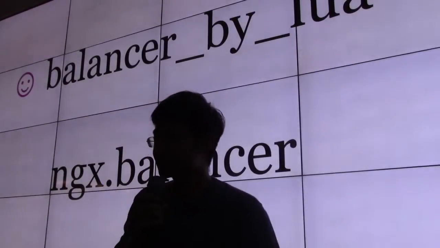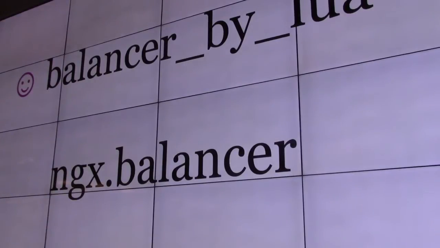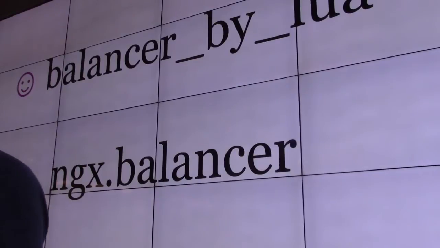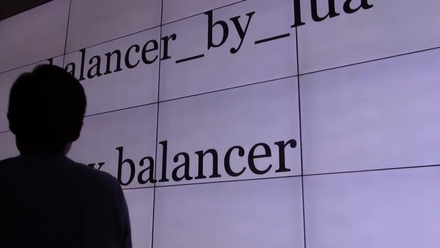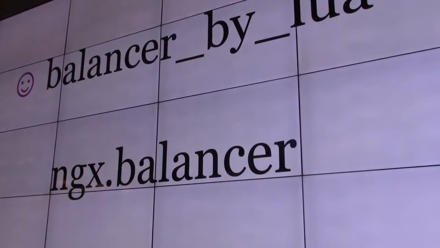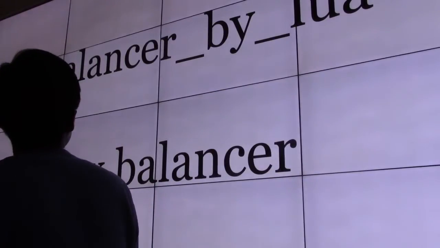And we also introduced balancer_by_lua. It's a big feature that we can take advantage of to write highly dynamic Lua balancers for existing NGINX upstream modules like proxy, fastCGI, uWSGI, and so on.